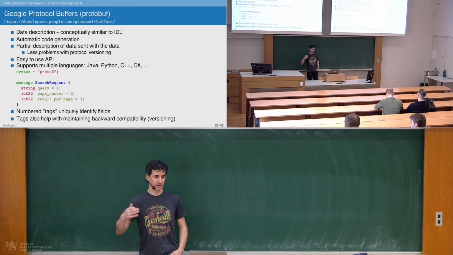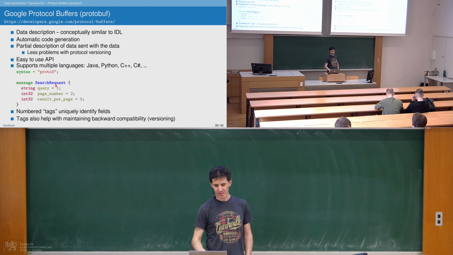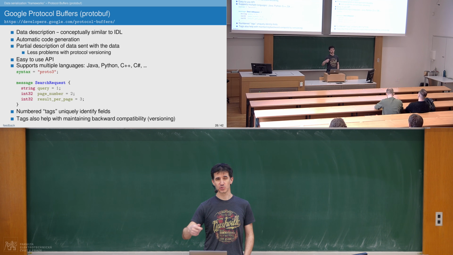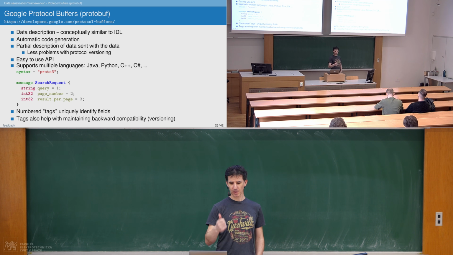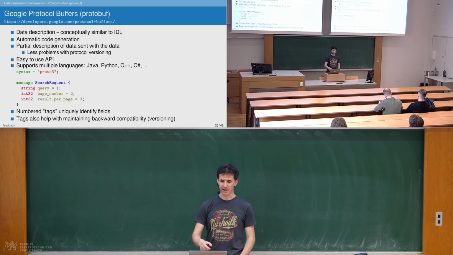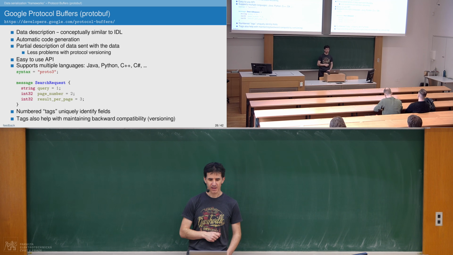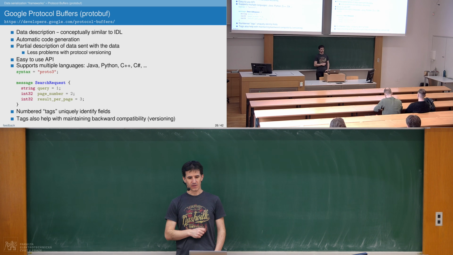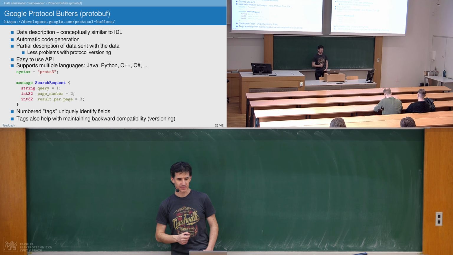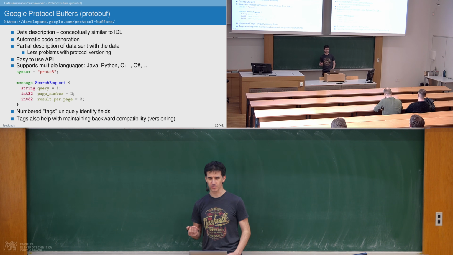In protocol buffers, you identify the fields with this tag, and as you will see, in the simplest case, transmitting the tag requires just 1 byte. So it's quite efficient space-wise to identify which field is there. Another advantage of using those tags is that it simplifies versioning of the protocol.